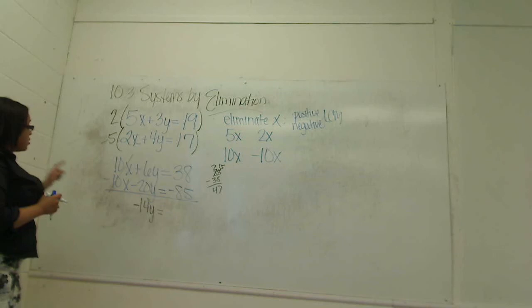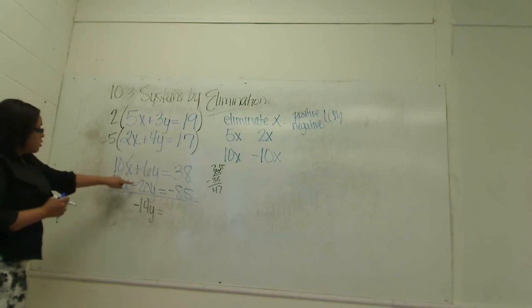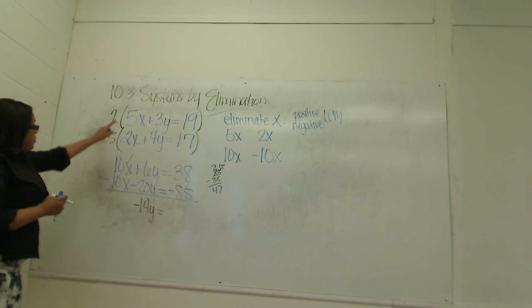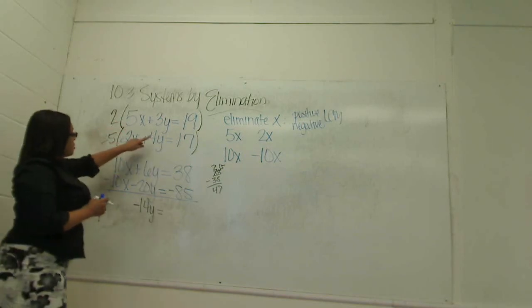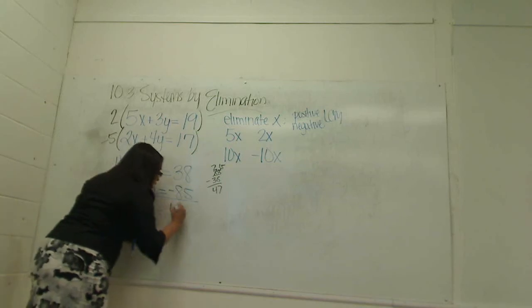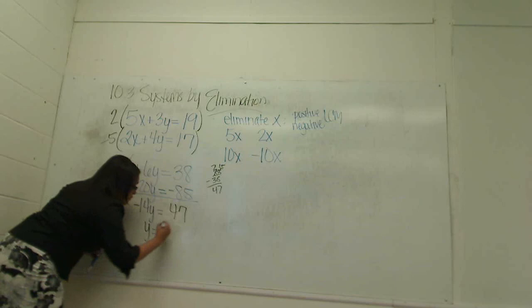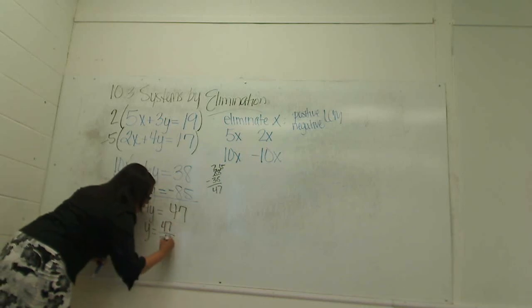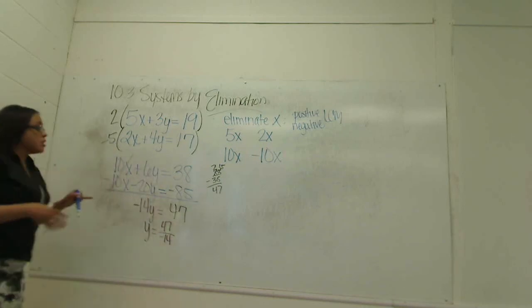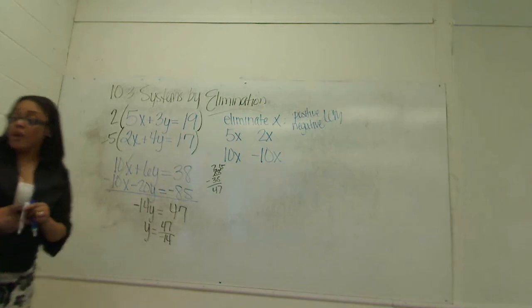It's very possible. Okay, yes. It's negative 47. So y equals 47 over negative 14. You won't have anything this difficult, but you should be aware of how to figure out your answers.